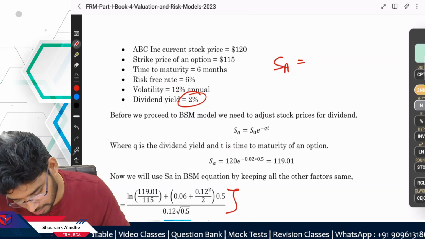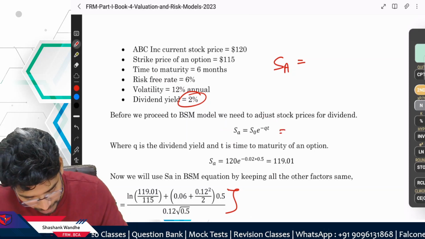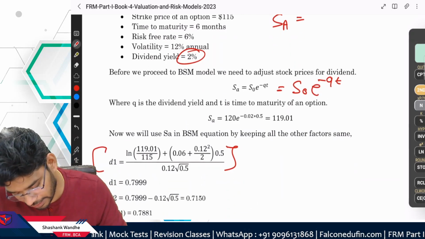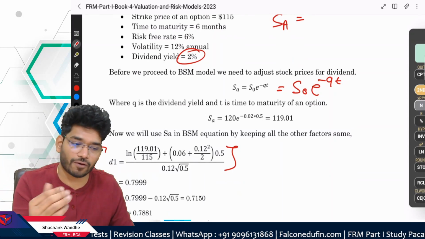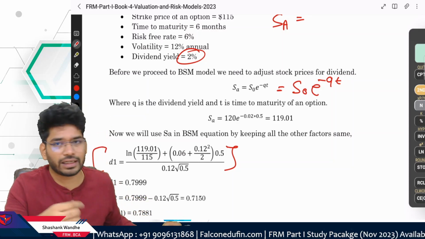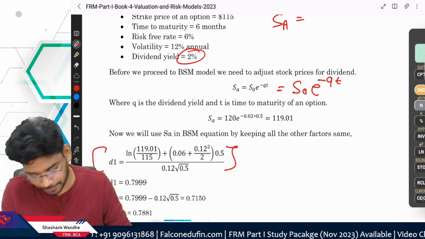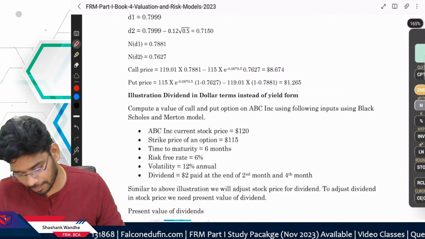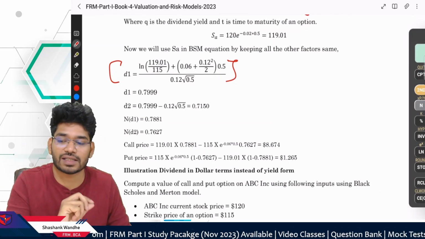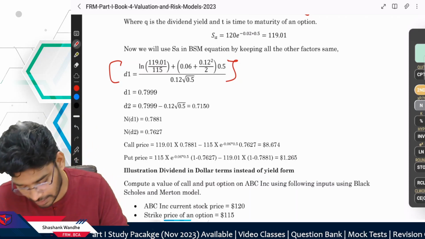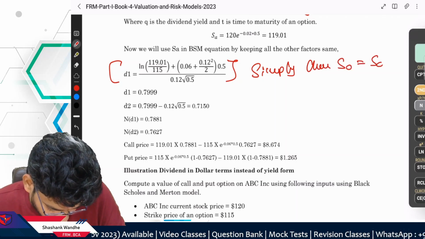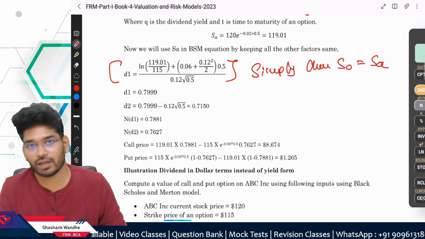Assuming the dividend in yield format, your formula is S0 times e to the power minus dividend yield rate multiplied by T. If the dividend is provided in dollar format, then calculate the present value of the dividend and reduce it from S0. There is only one adjustment: wherever you see S0 in the complete BSM calculation, simply change S0 with SA. That's it. There is no other adjustment.